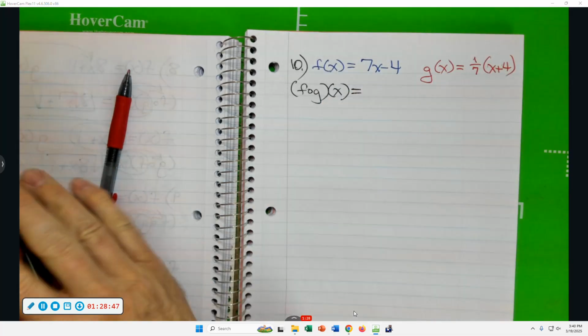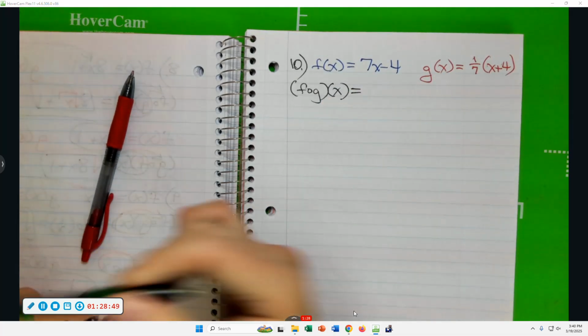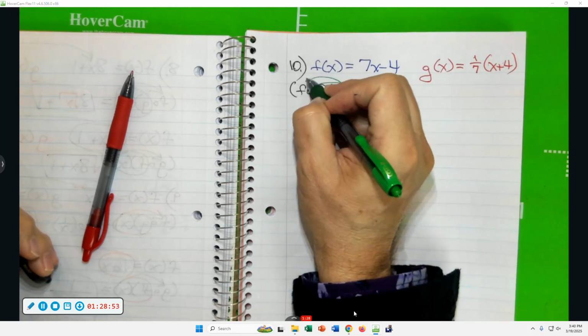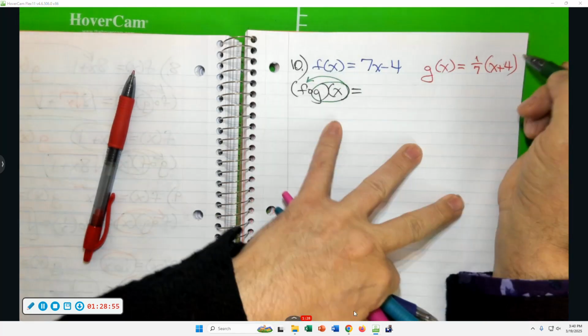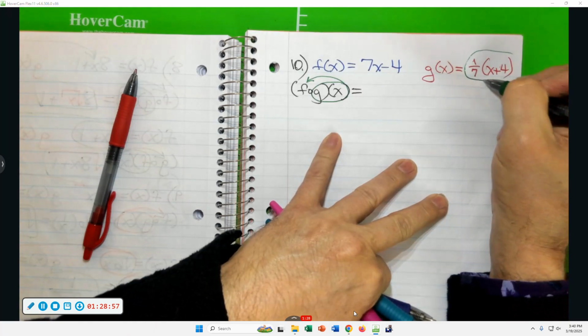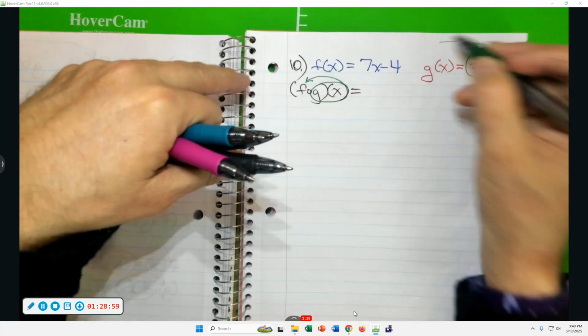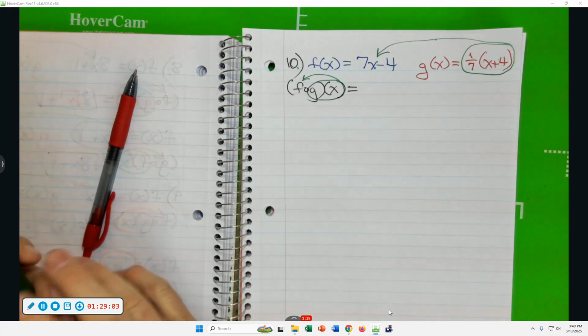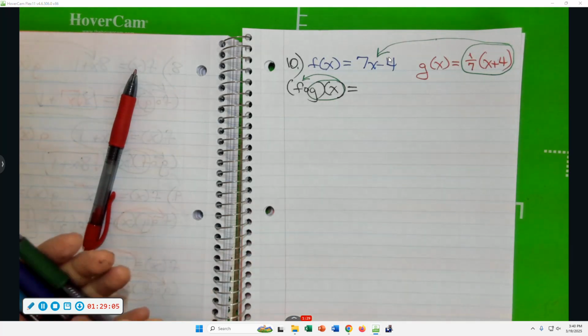F composed with g. That's saying take g of x and plug it into f, in place of this blue x.